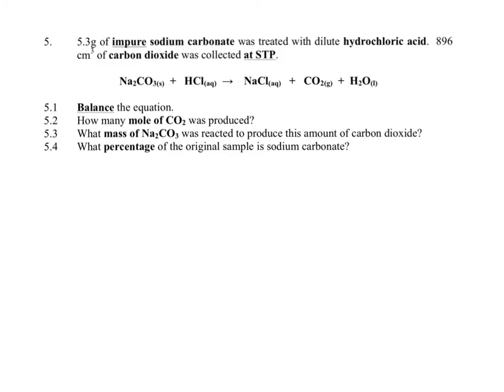So we can write down the mass of the sample is 5,3 grams, and it is treated with dilute hydrochloric acid, and in this reaction 896 cubic centimeters, so cubic centimeters is volume, so the volume of the CO2 produced is 896 cubic centimeters, and this was carried out at STP.